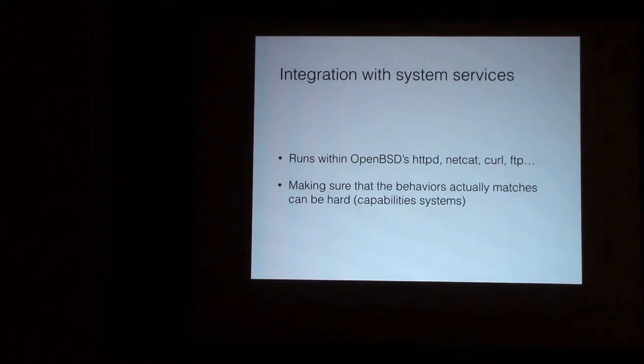One nice catch was when we were trying to run it inside HTTPD, we got caught off guard by the capabilities system for OpenBSD, which is through the pledge syscalls that allow a program to relinquish access to a few selected syscalls. At some point we were trying to read the certificate at a point where HTTPD had already relinquished its access to a part of the file system, so it couldn't read the certificate.